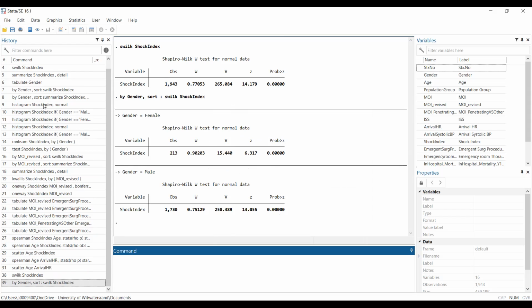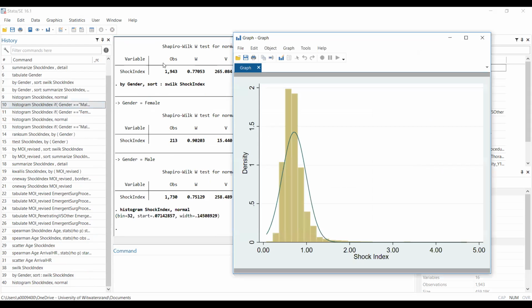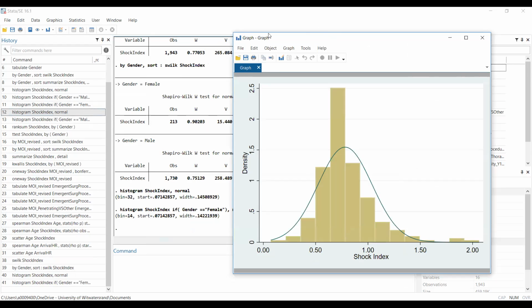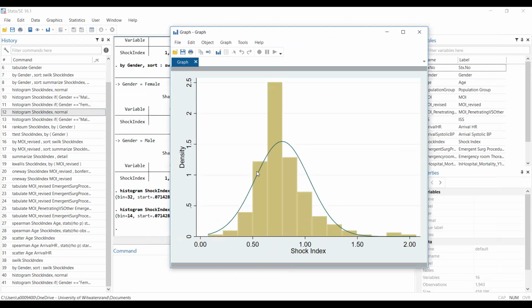You can also look at the graph. Again, it looks quite normally distributed, but then you can see it really is skewed to the right. If we look at the females, as we saw, the mean and the median were more similar compared to the males, but still skewed to the right.